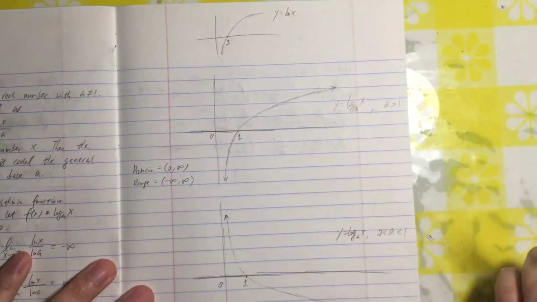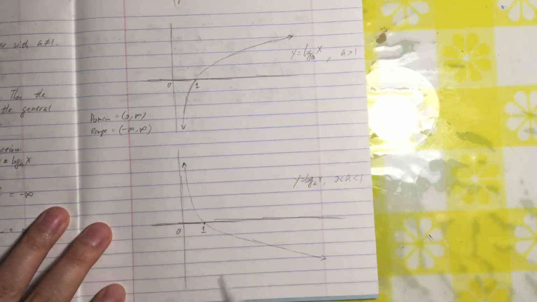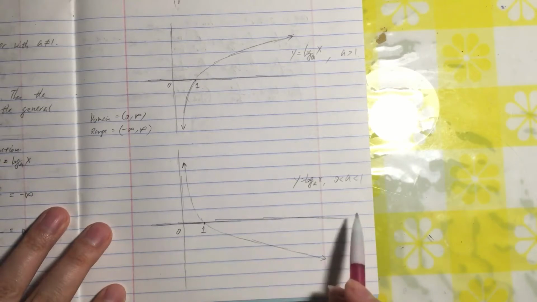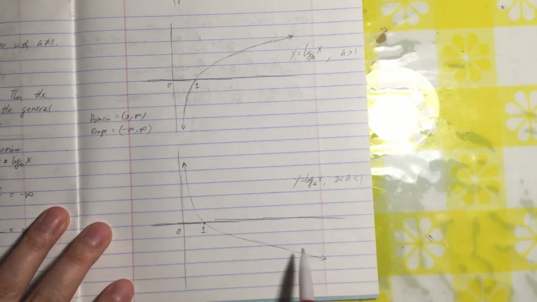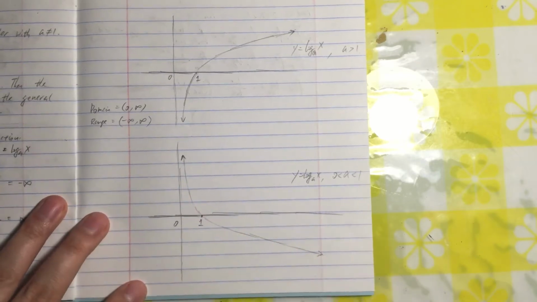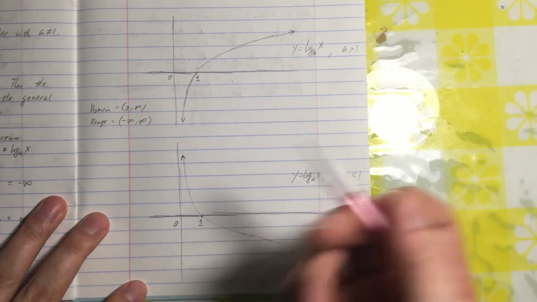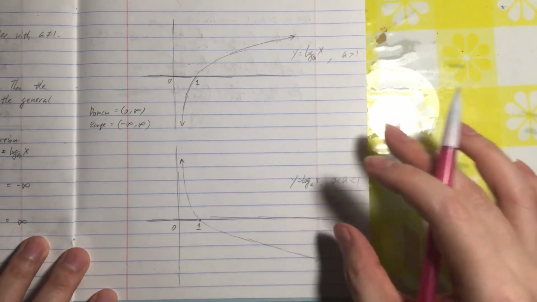For the range, when x approaches 0 from the right side, it goes up to infinity. When x approaches infinity, function f goes down to negative infinity. And here we can see that function f is continuously decreasing. So the range is from negative infinity to infinity. That's the graph of the general logarithmic function.